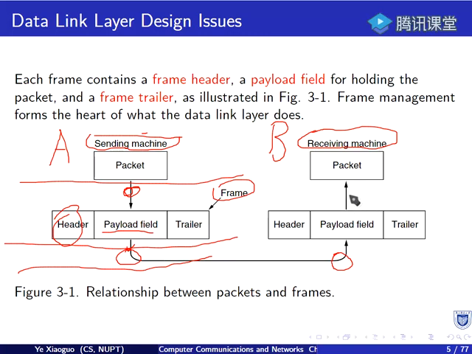Then on the other end, if the data link layer receives a frame from the physical layer, it can take the packet from its payload field and deliver the packet to the network layer on the receiving end.